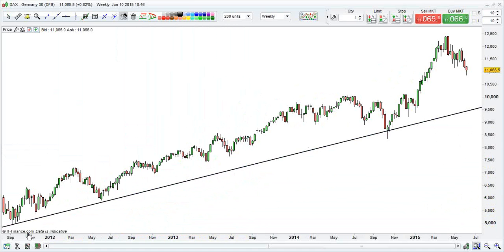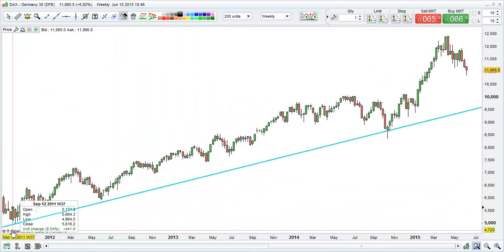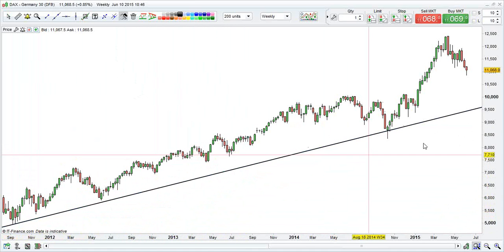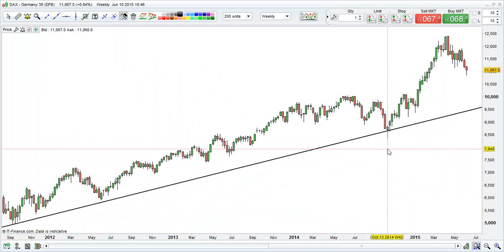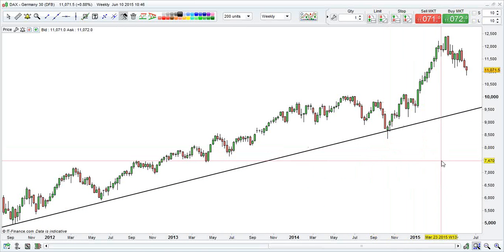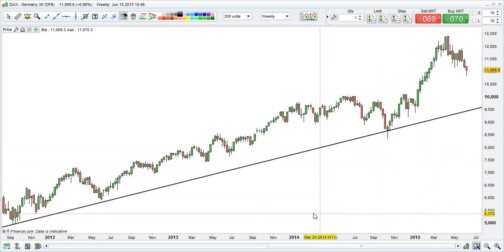Okay, so we have a bottom here back in September 2011, and we have our top here in October 2014. So it takes at least two tops or bottoms to draw a valid trend line. Okay, two tops or two bottoms, but it takes three to confirm the trend line. Okay, so you want three touches to confirm your trend line.